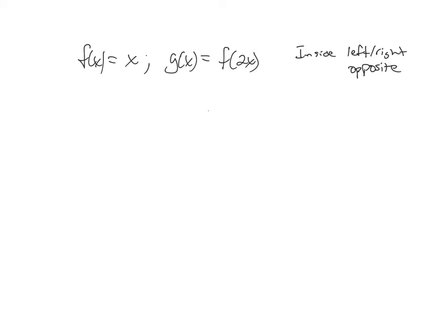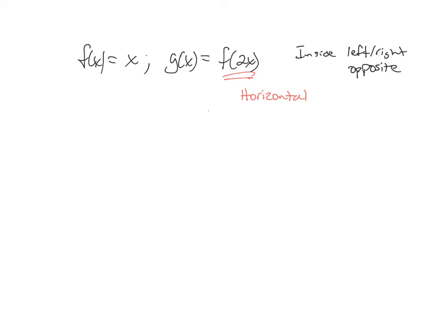Okay, so here's kind of the tricky part with this. Left and right means horizontal. The 2 on the previous one was on the outside, but left or right, on the inside, means do the opposite.